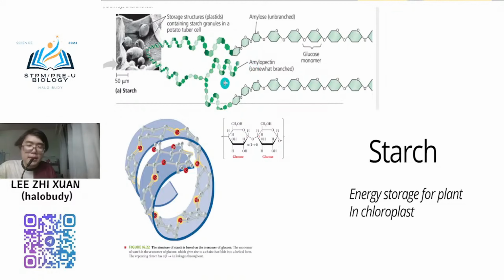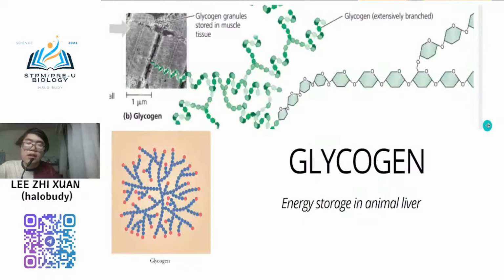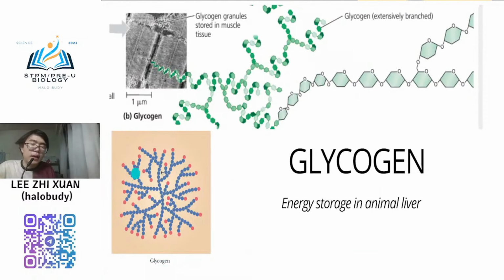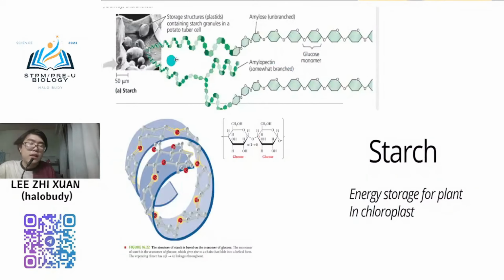Amylopectin is present but in very low amount. But if you see glycogen, it is very complicated. It is a highly branched structure. There are many branches there. So you see this diagram, wow, many branches. But compared to starch, it is more arranged into a line. There are also branches, but very little.